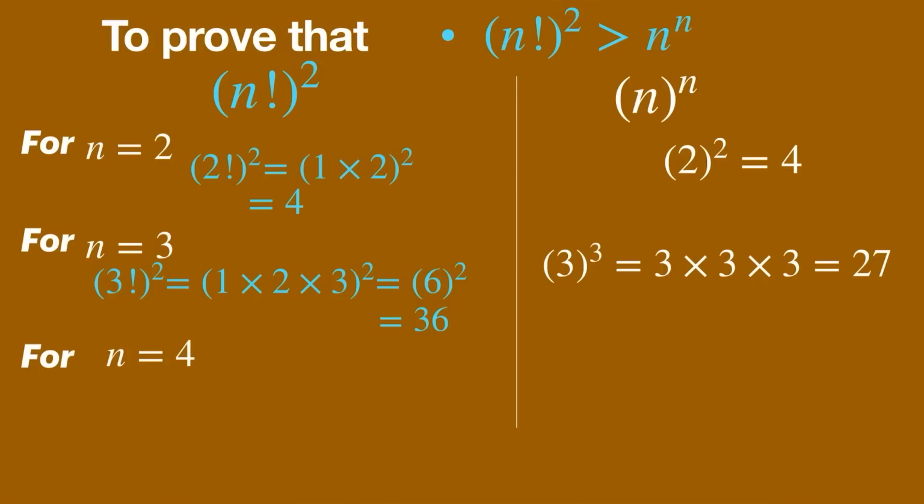And for n equal to 4, (4 factorial) square means 1 into 2 into 3 into 4 whole square, that means 24 square, that means 576.